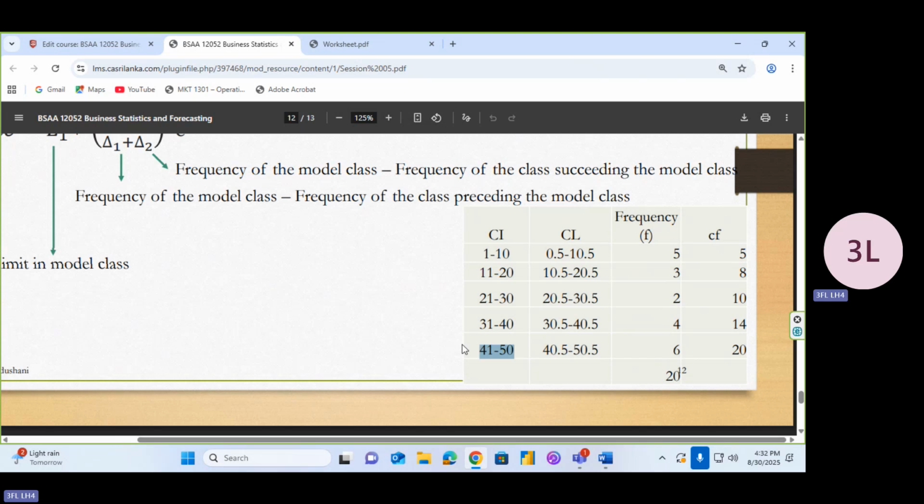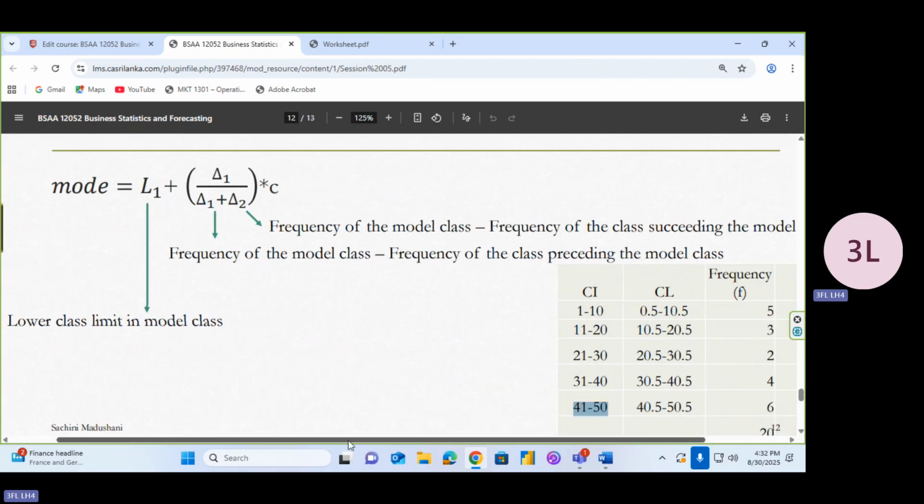We can say this is the modal class, in Sinhala Mata Pantiya. Here 6 is the highest frequency, so this class interval we call the modal class. Understood? By mere inspection we can identify the modal class, but you cannot find out the mode value. Then here you need to use this formula.